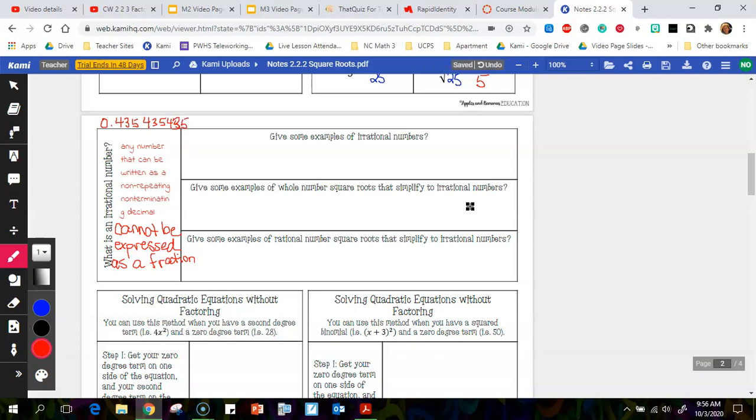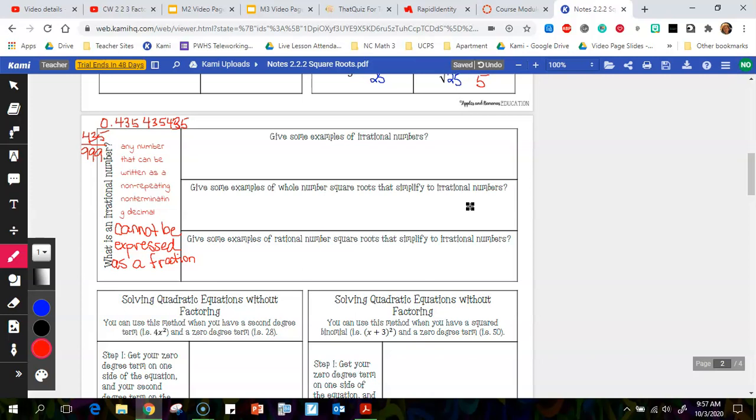You would write 435 over 999, because you write as many 9s as there are digits in the numerator. So you write the repeating part, the pattern, in the numerator, and then it would be over 999. You can always write a repeating decimal as a fraction.